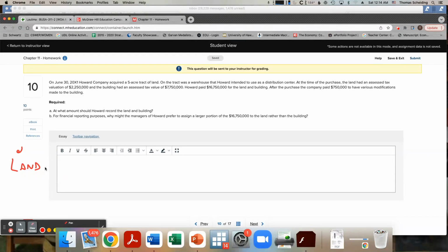So what we need to do here for land is divide the future value of the land by the future value of the land and building, and then multiply that by the lump sum purchase price.